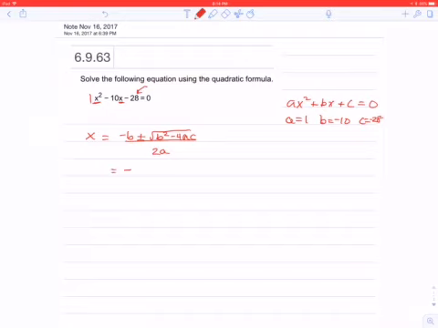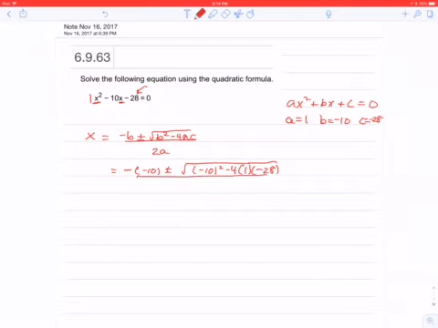So minus b, so minus a negative 10, plus or minus the square root of b squared, so it'll be a negative 10 squared minus 4 times a times c, all over 2 times a, so 2 times 1.